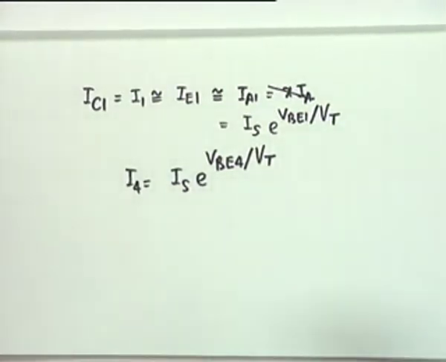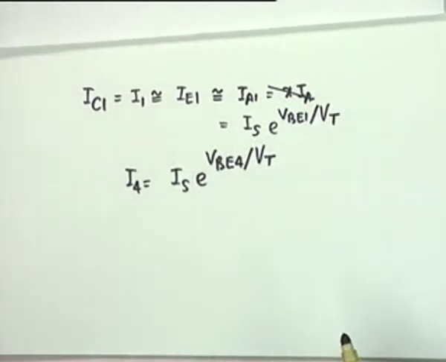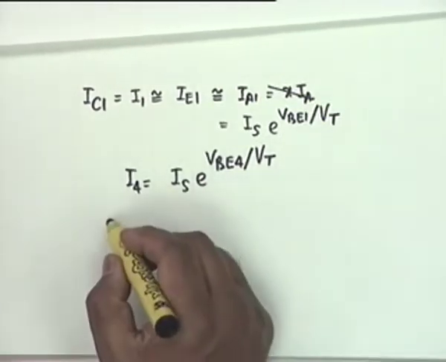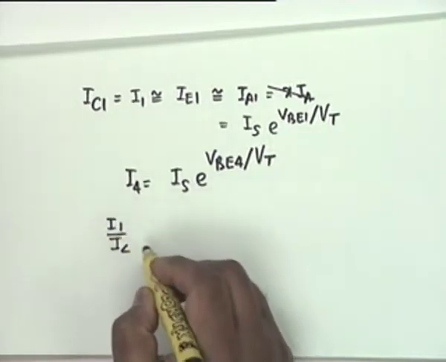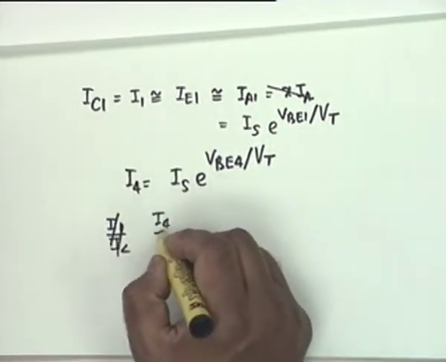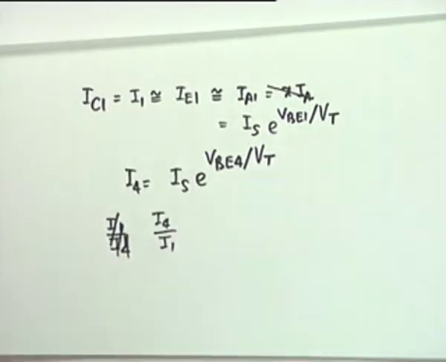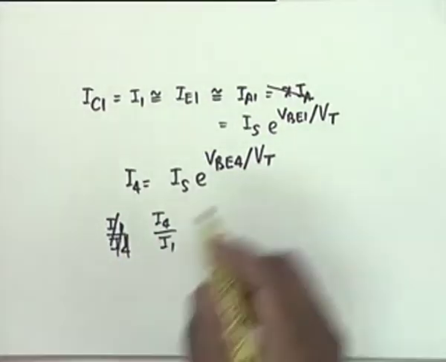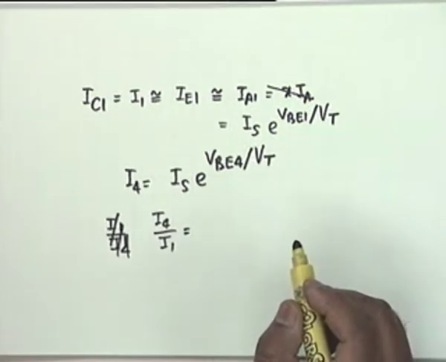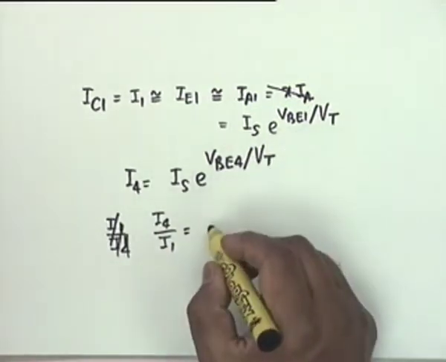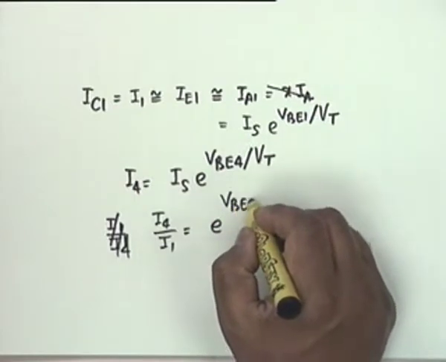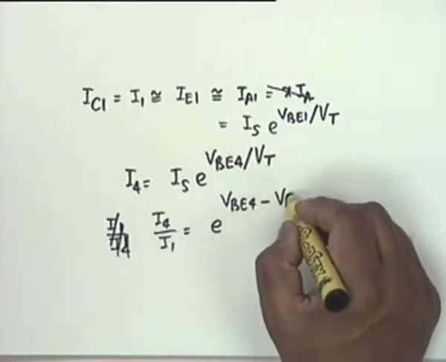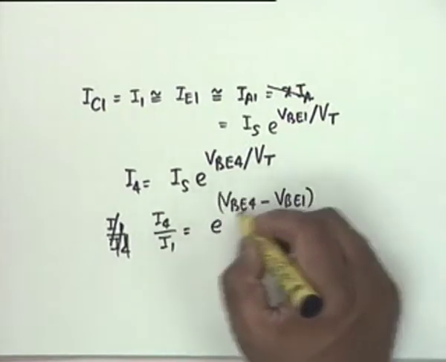All right, and therefore I1 by I4, no, let's take I4 by I1. I4 by I1 is equal to, one has to proceed very carefully, if I take the ratio of the two, it is simply exponential of VBE4 minus VBE1 divided by Vt.